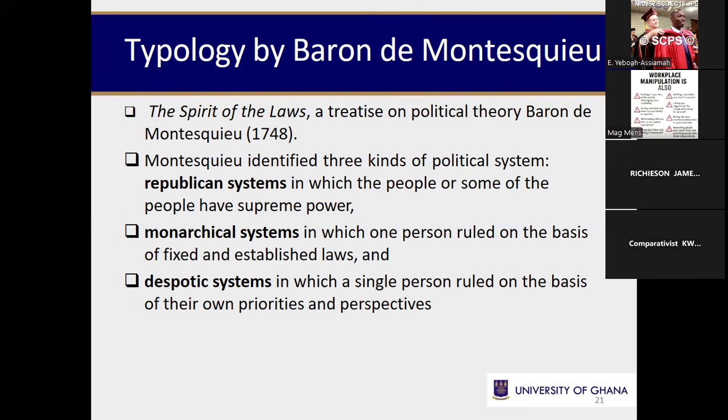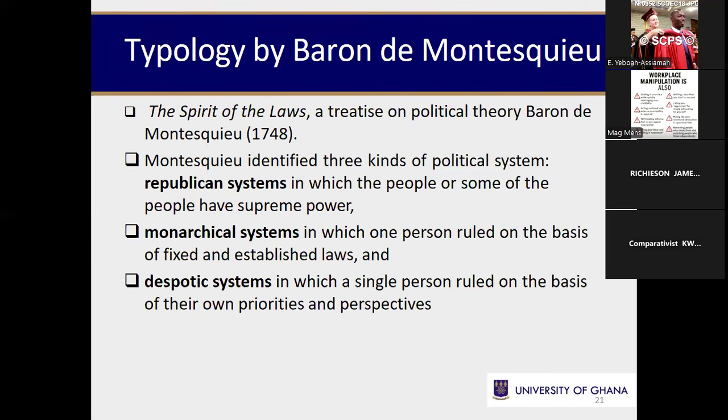A single person ruled, but there were no fixed rules or established laws that would govern them. Whatever they dream, they can enforce. Whatever they think becomes law. They rule based on their own perspectives and priorities. These are despotic systems. So that is a typology by Baron de Montesquieu.